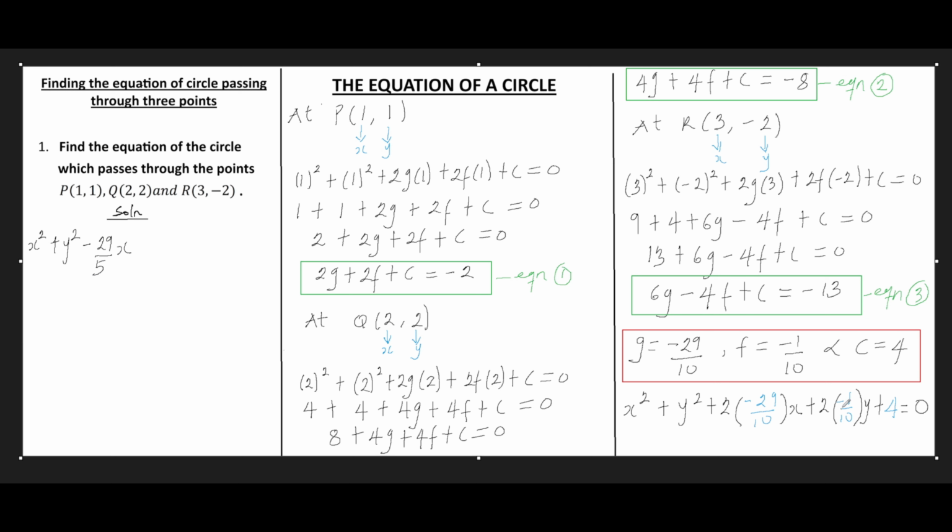Then 2 multiplied by minus 1 on 10 multiplied by y, we also have minus 1 on 5y. So plus 4 equal to 0.